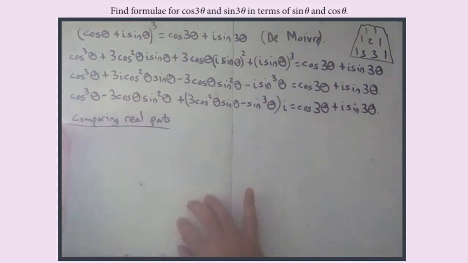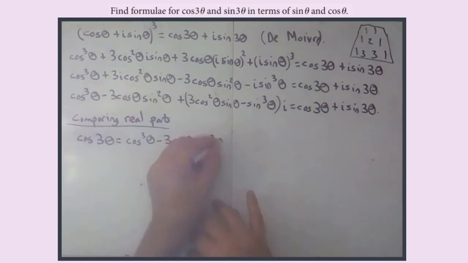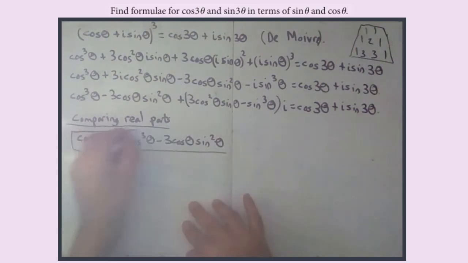Comparing real parts, cos 3θ must equal the real part on the left hand side, which is cos cubed θ minus 3 cos θ sin squared θ. This is an identity that, if you can remember it, you can use.